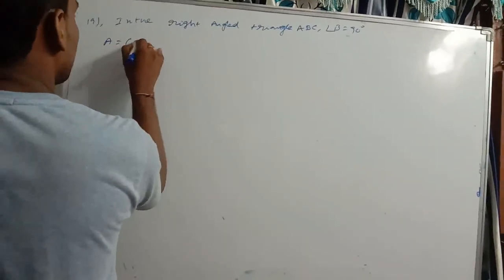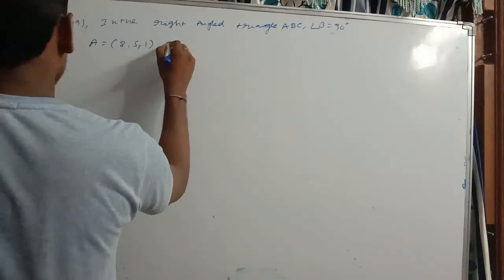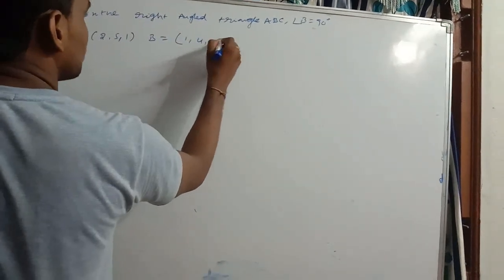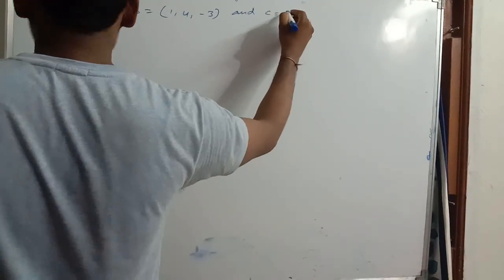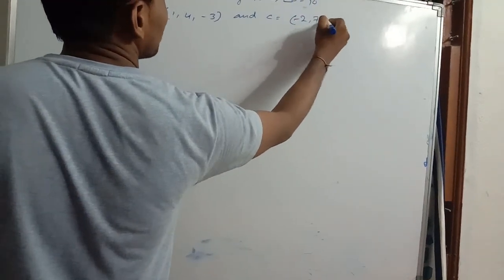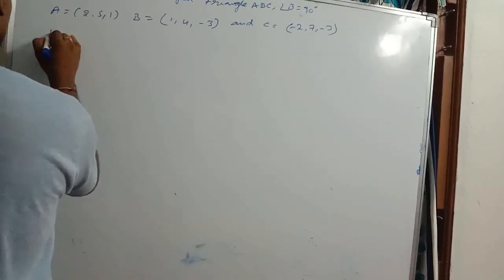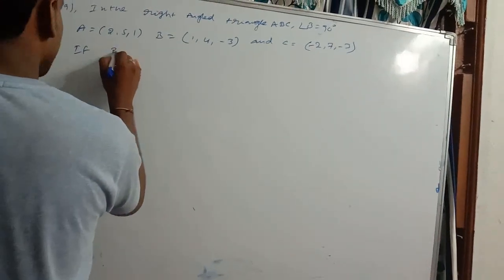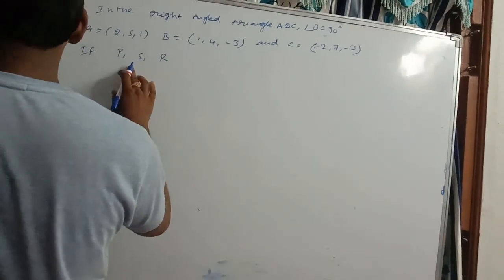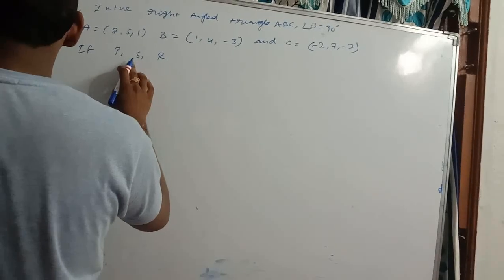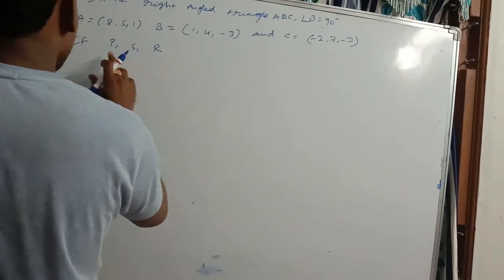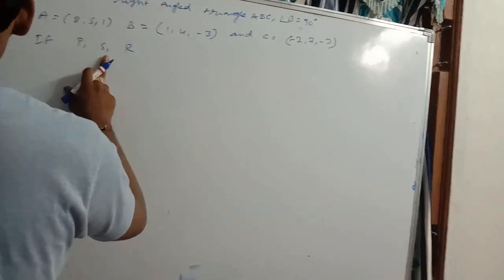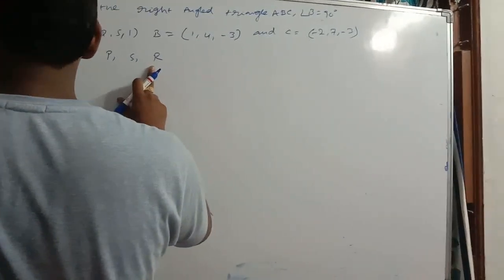A is (2, 5, 1), B is (1, 4, −3), and C is (−2, 7, −3). Let P, S, R be the orthocenter, circumcenter and circumradius: orthocenter P, circumcenter S, and circumradius R.